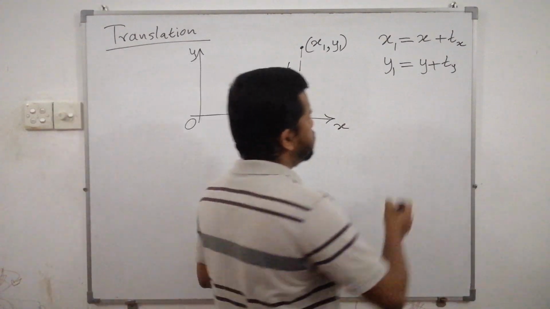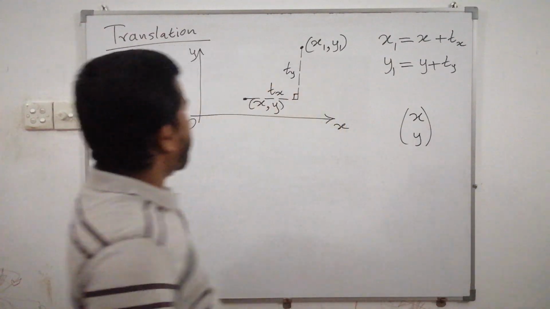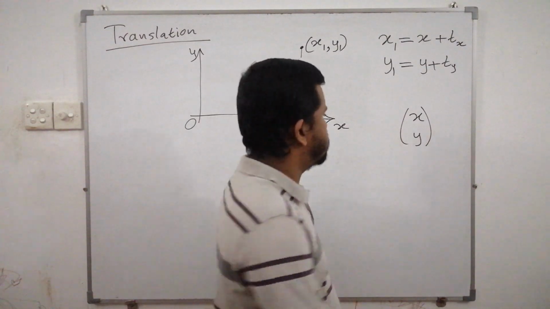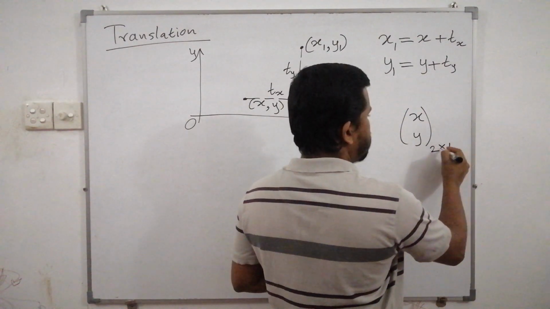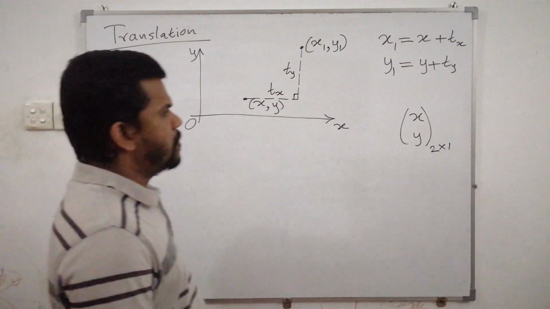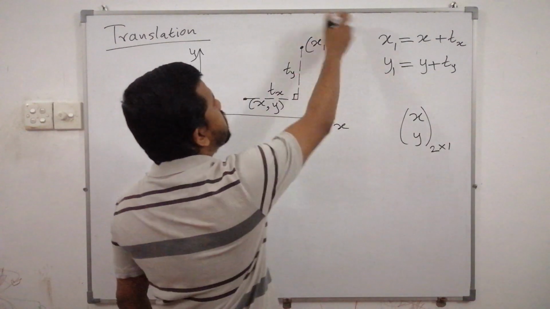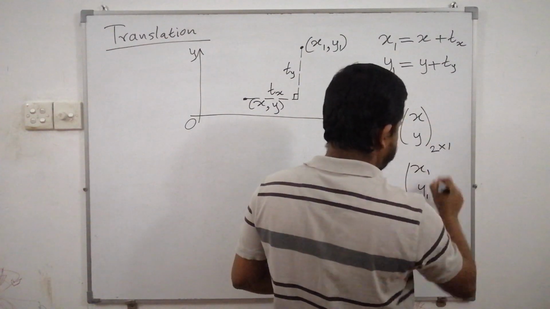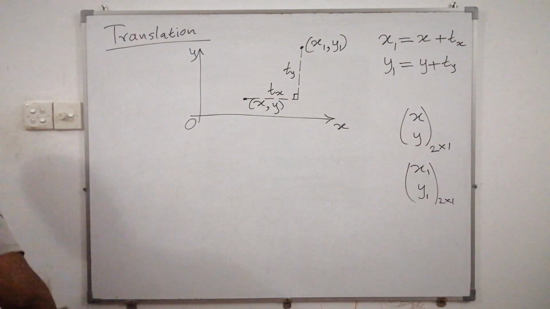For the time being, let's say we represent coordinates of this point using this matrix with two rows and one column. So the type of the matrix is 2 cross 1. Therefore, we can represent this one like this: x1, y1, 2 cross 1.